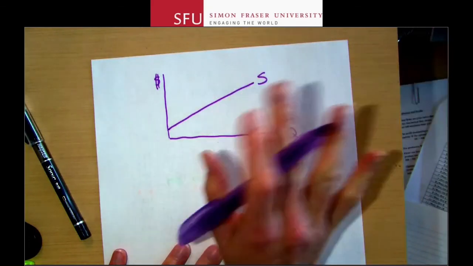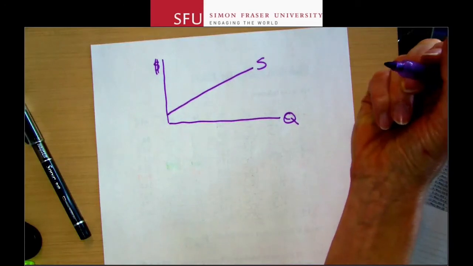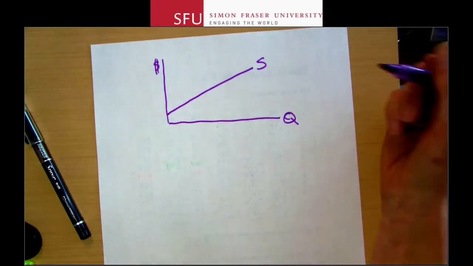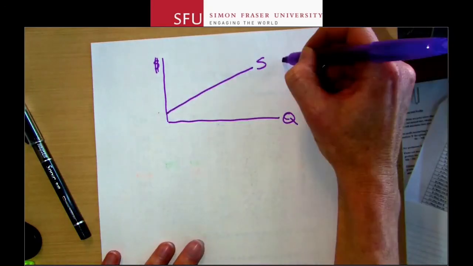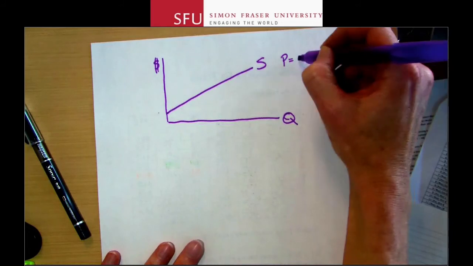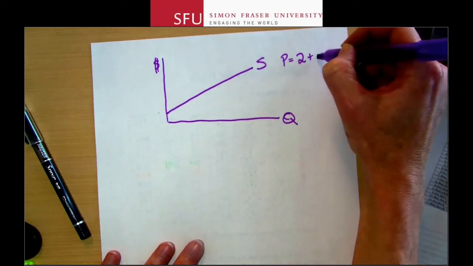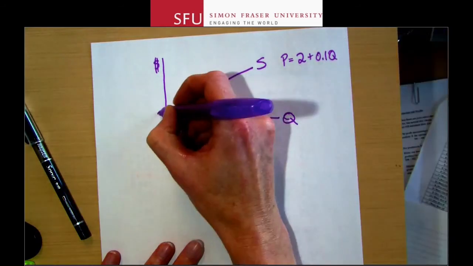Now, this was fine using a linear equation because it made the calculation simple, but it wasn't actually very realistic. So let's say the function was, let's say that. Okay, so let's say that's the function. So it starts at 2.